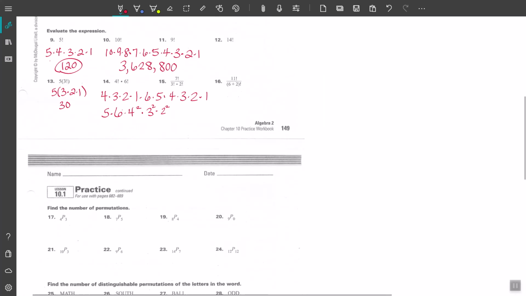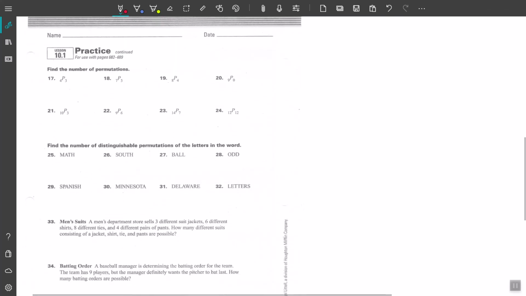All right, so moving to the back of the sheet, we have what's called permutations. And permutations are just the way in which a certain situation can happen, a number of ways in which it can happen. And so the formula for permutations is written like this. All right.